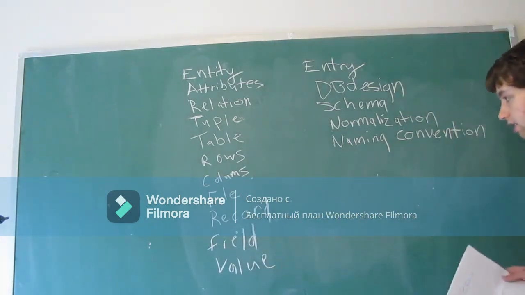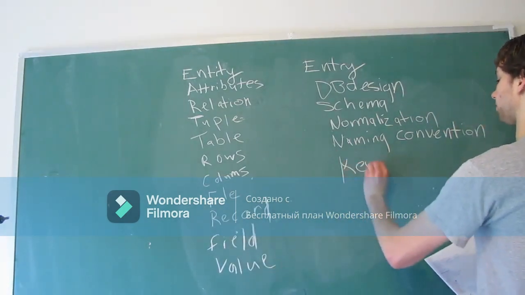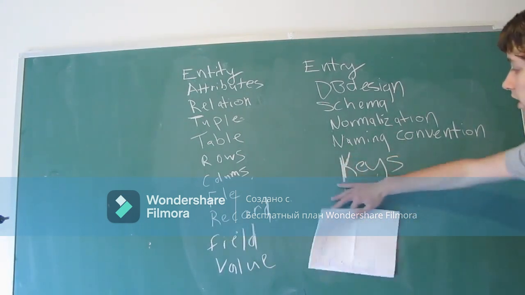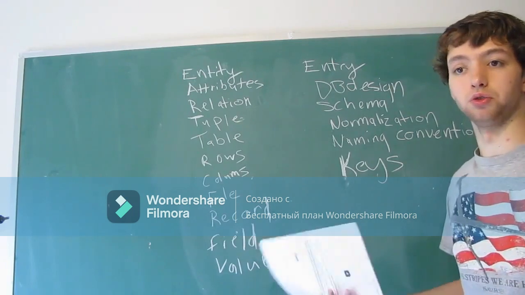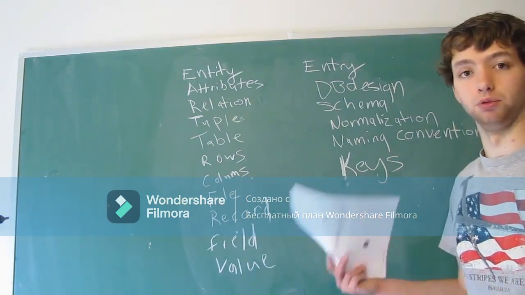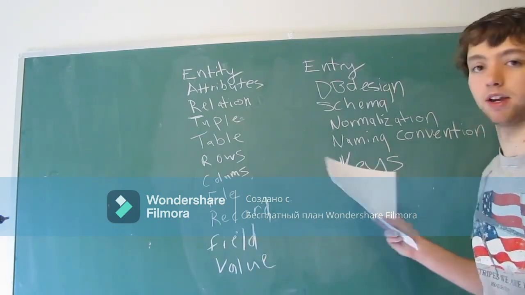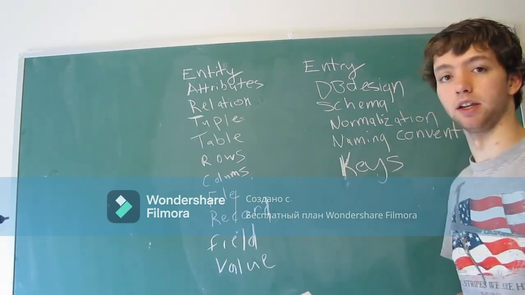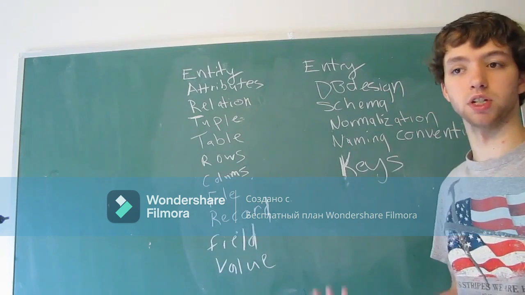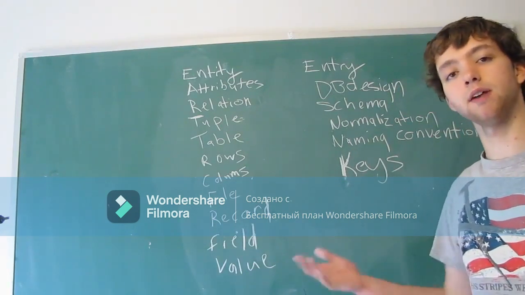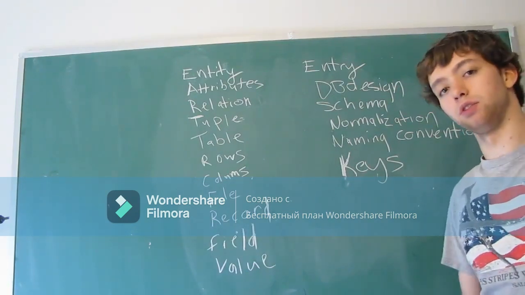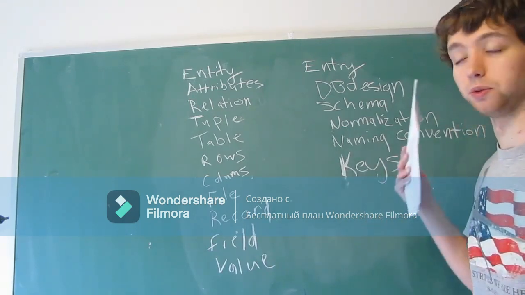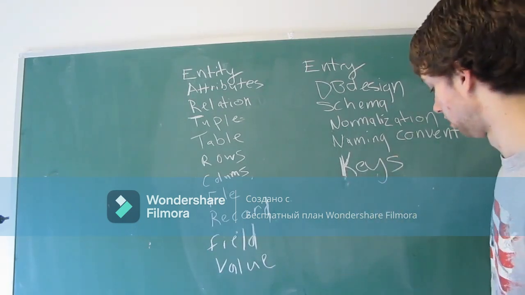And the last one here is keys, which I'm not sure if I talked about yet. I think a little bit, but not much. A key is something to make everything unique within a table. This is how we make connections among tables. We may say, this comment was posted by the user with the ID of 7. Well, that points back to the user table. We do all of that with keys, and we'll learn more about those as time goes on.